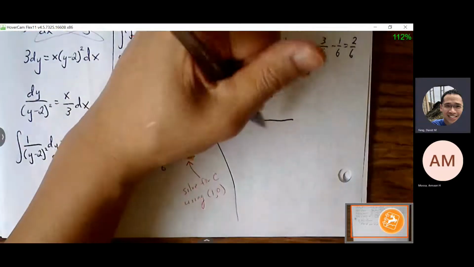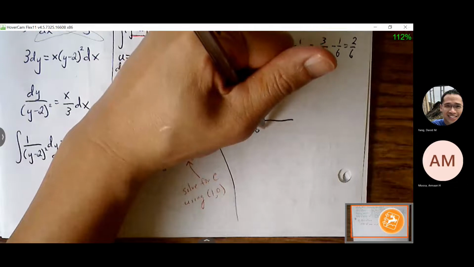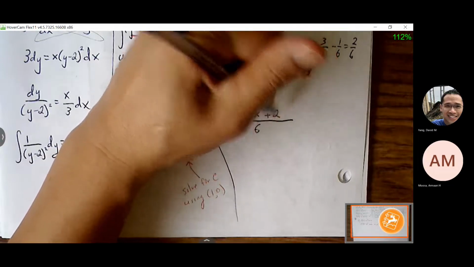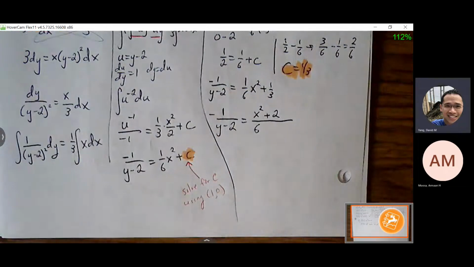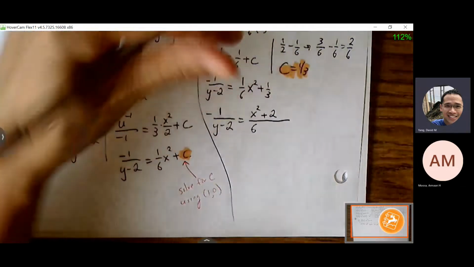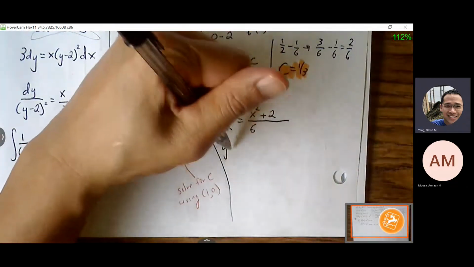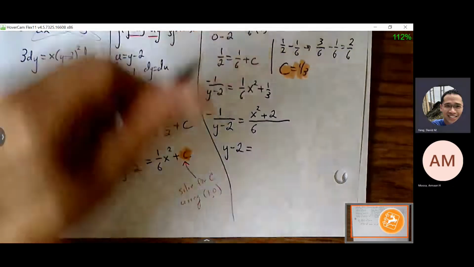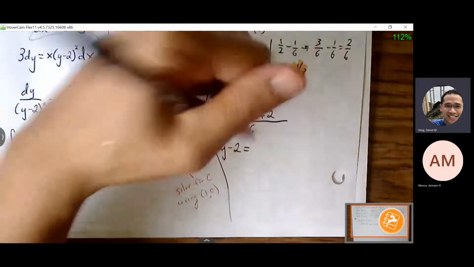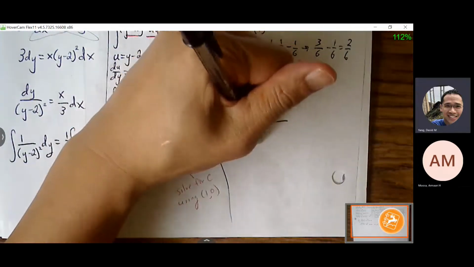Common denominator is 6. x squared over 6 plus 2 over 6. If I flip this, I can flip this as well, now that I have a fraction equaling a fraction. And then I'm also going to multiply the negative over to the right side as I flip. Just going to try to get that y as clean as I can.